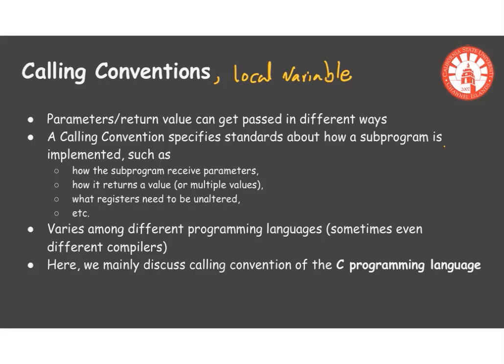Basically, a calling convention specifies standards as to how a subprogram is implemented. For example, how the subprogram receives parameters, how it returns a value or multiple values, and what the registers are that need to be unaltered or have their values saved on the stack.